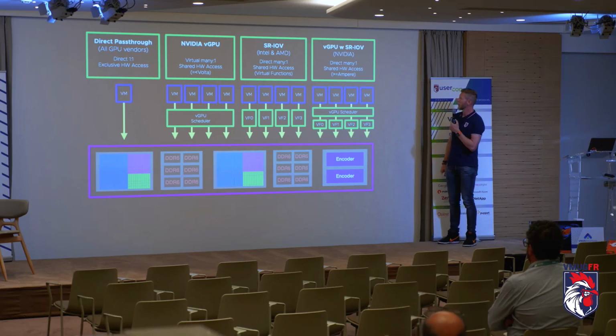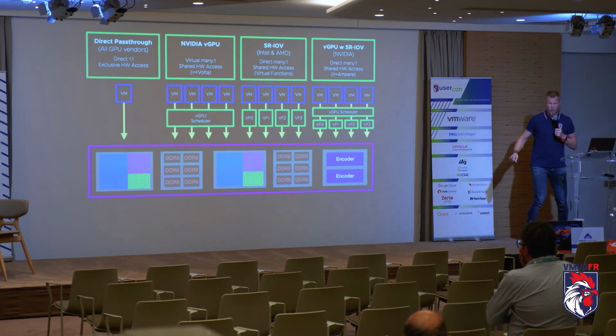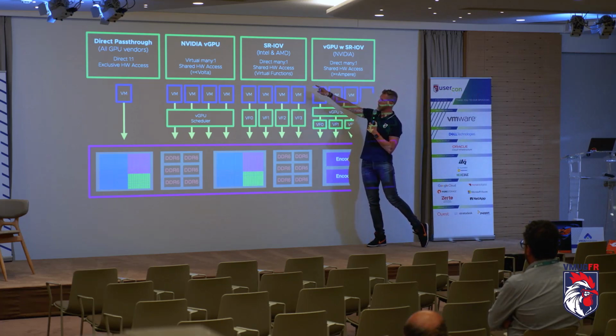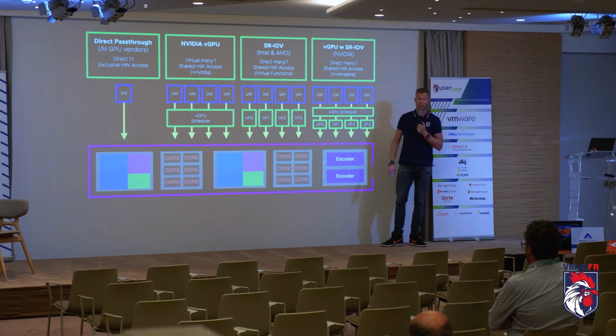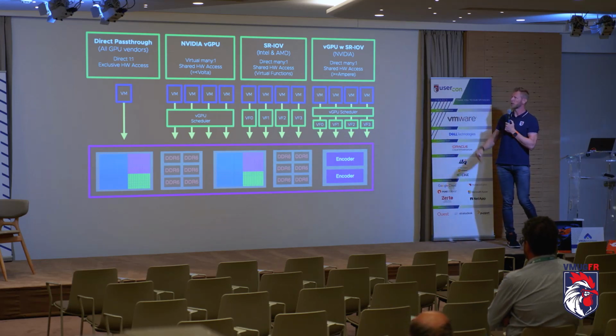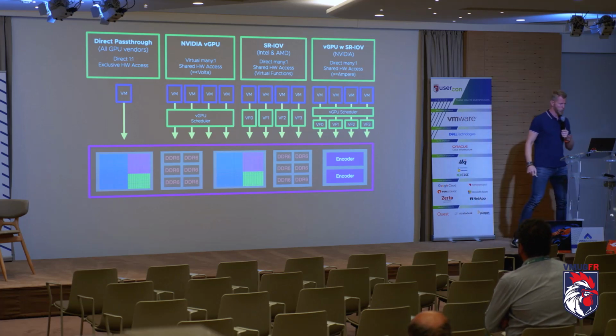And then finally, and this is relatively new and not really commonly used, the only use case currently is computational workloads, so deep learning, for instance, which uses SR-IOV in combination with vGPU. Not really important right now, but it's good to know that Intel is diving into this space using virtual functions, and vGPU is still the main virtualization platform for NVIDIA GPUs.